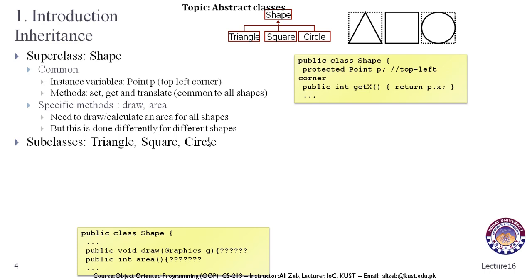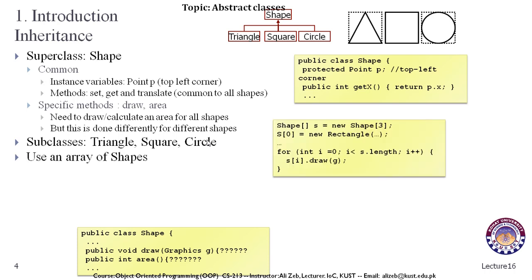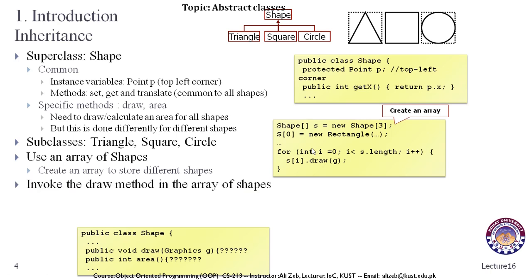So what we can do is we create the triangle, the subclasses, and we can use an array of shapes as we have used in polymorphism, and we can call the draw method using the object of each class, as we are trying to do over here, but invoke the draw method in the array of shapes.